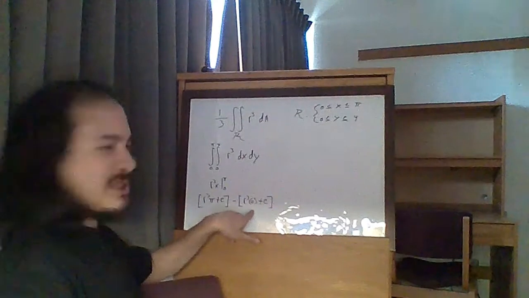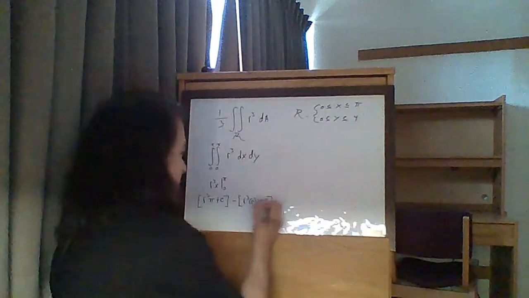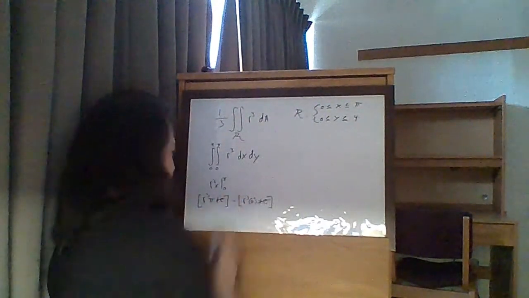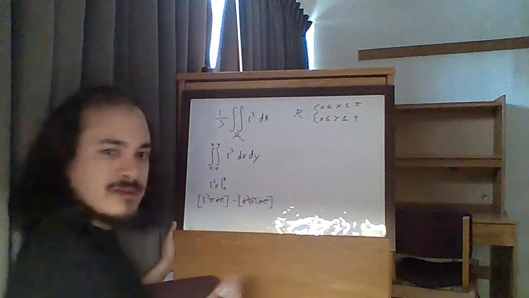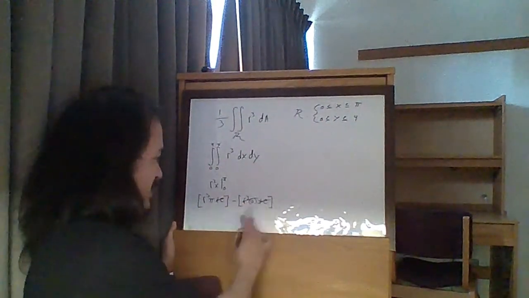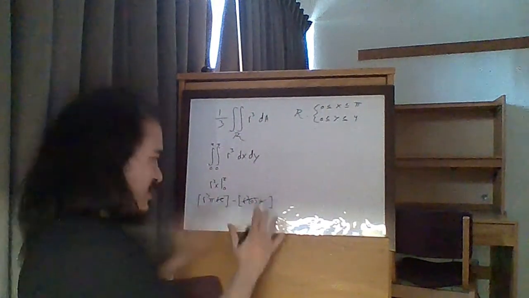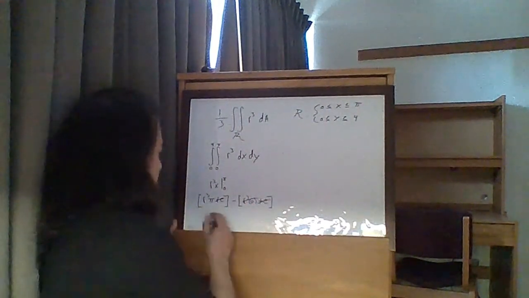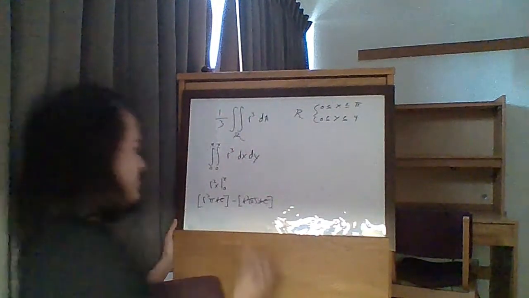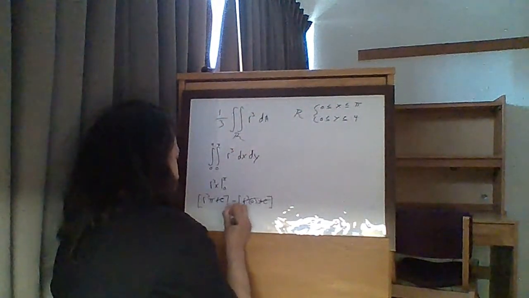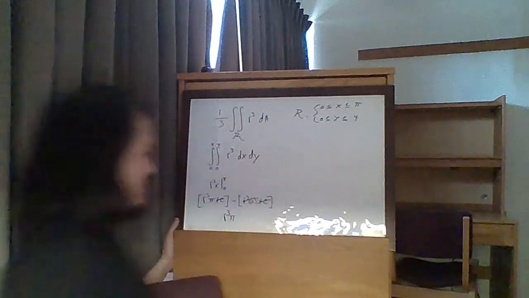The plus c's cancel each other out. Anything times 0 is 0, so everything on this side is just 0. All we're left with is r cubed times pi.